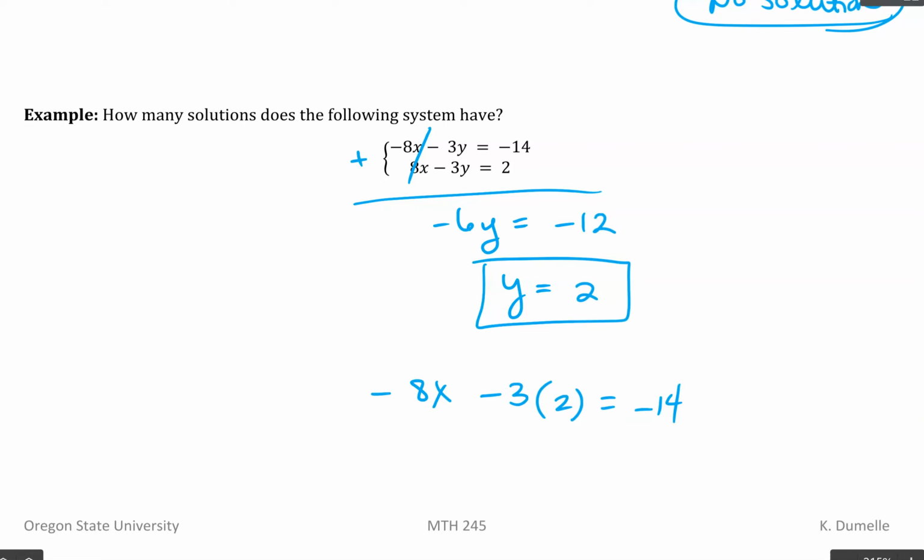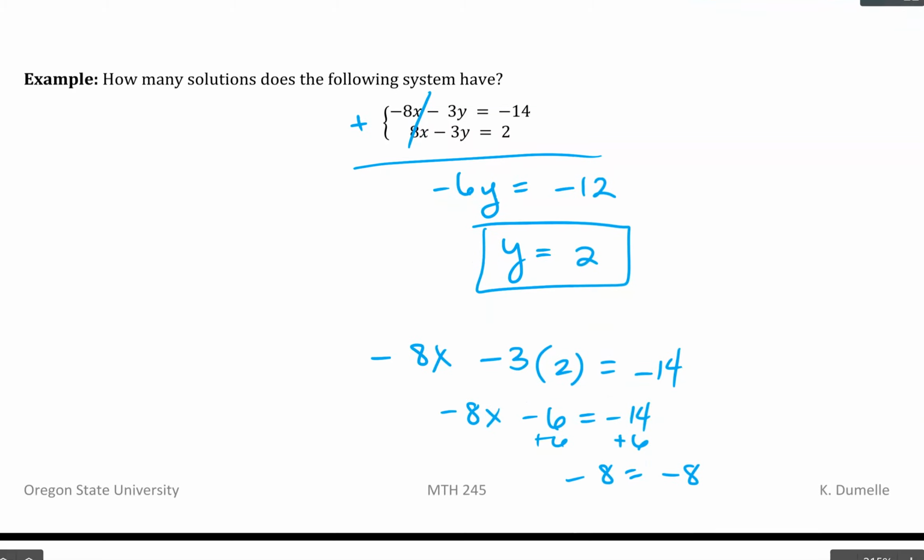Now I'm going to figure out what x is. Negative 8x minus 6 equals negative 14. And then we add over our 6, and we get negative 8x equals negative 8. And so x is actually equal to just 1.